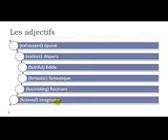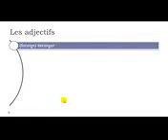Final E not pronounced. Imaginaire. Étranger. You remember R at the end. Et. So after that, well, before that, sorry. G. So étranger.